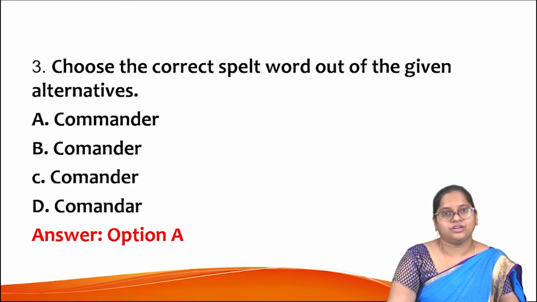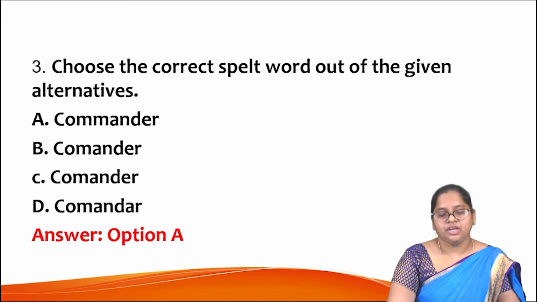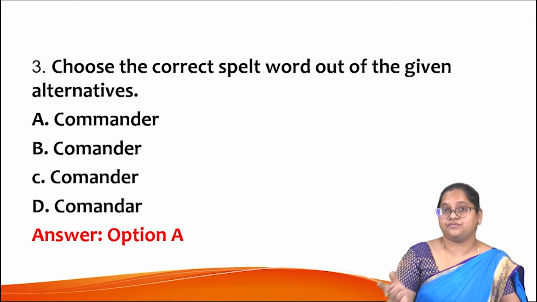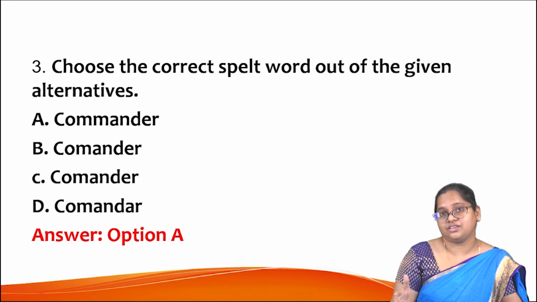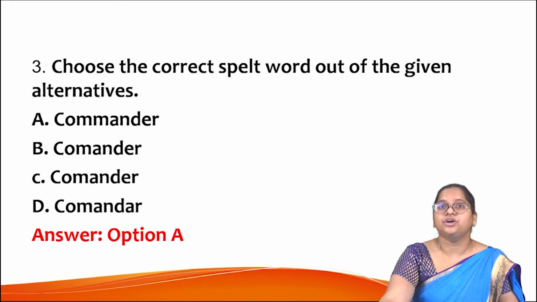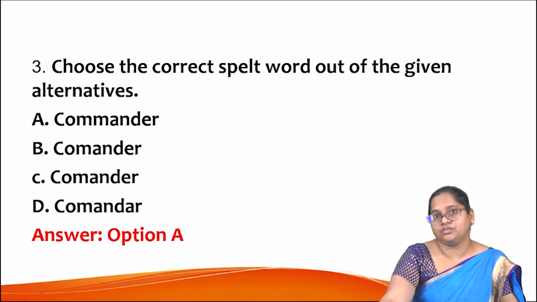See, OMA and commander, we don't say, so we don't use a single M. And next, C, COMADR. Yes, of course, DR is the right ending, but you don't choose this answer because only a single M is used here.